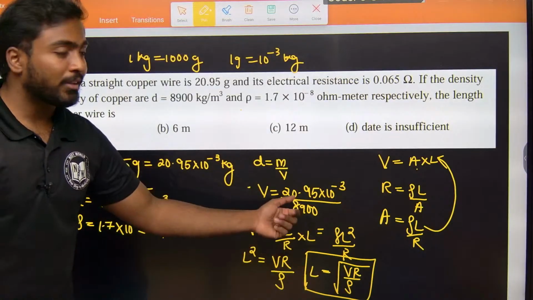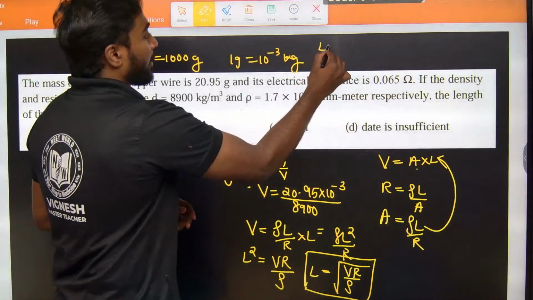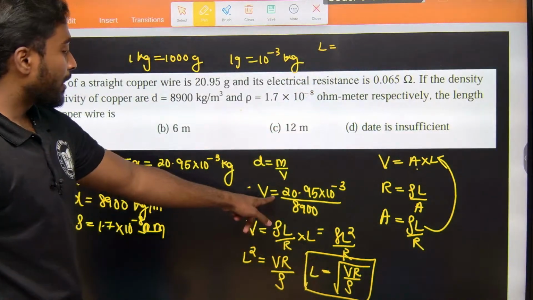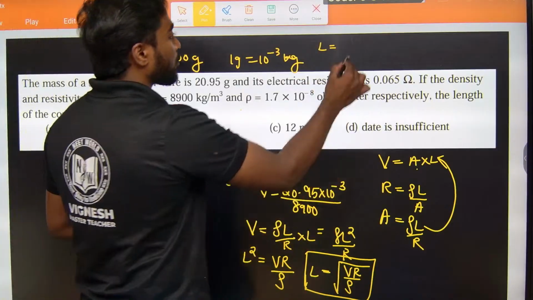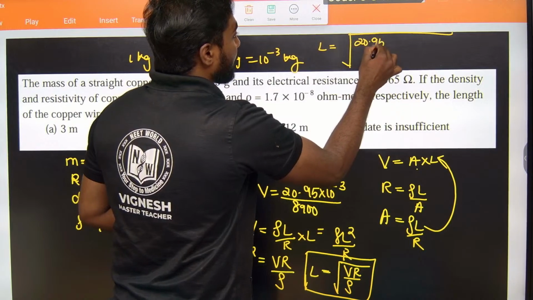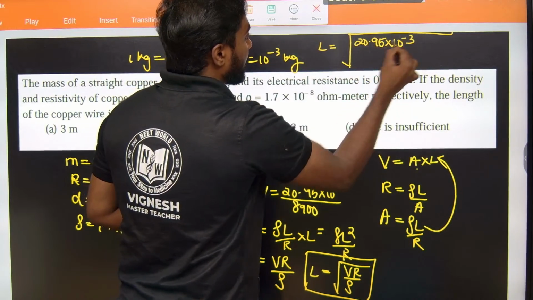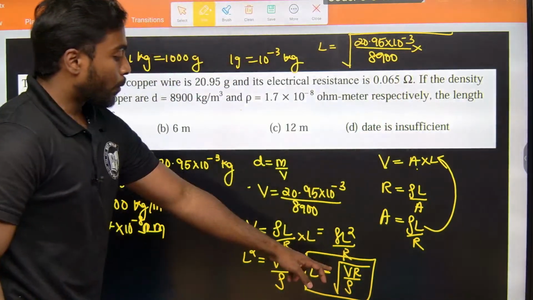Now substitute the values. L is equal to, what is V? 20.95 into 10 power minus 3 by 8900. So under root of 20.95 into 10 power minus 3 by 8900 into, what is R here?